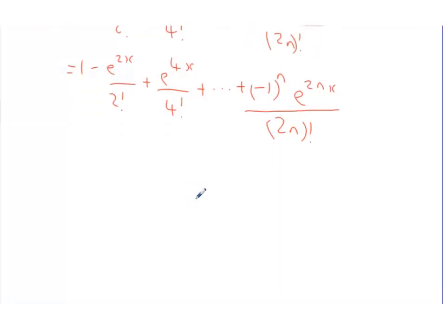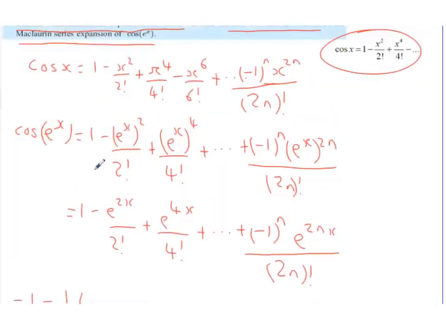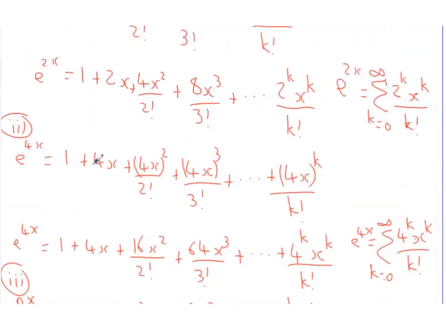So now we can go to write this out. So this is going to be 1 minus, now for this e to the 2x over 2 factorial, I'm going to pull the 1 over 2 factorial out, so the minus 1 over 2 factorial. And then I'm going to put just a little bit of the power series for e to the 2x. The e to the 2x was this.